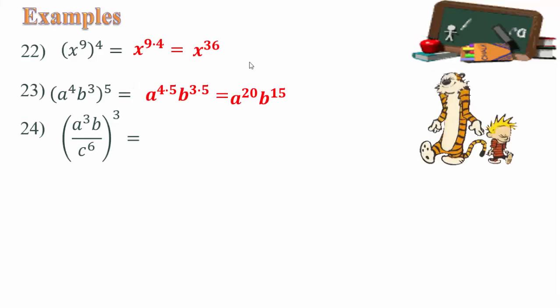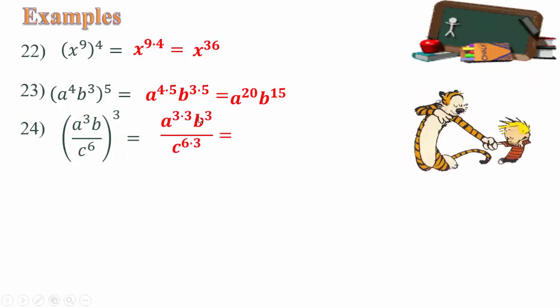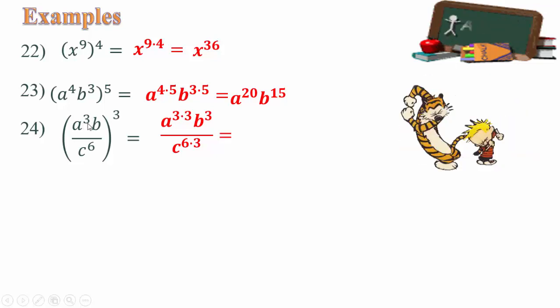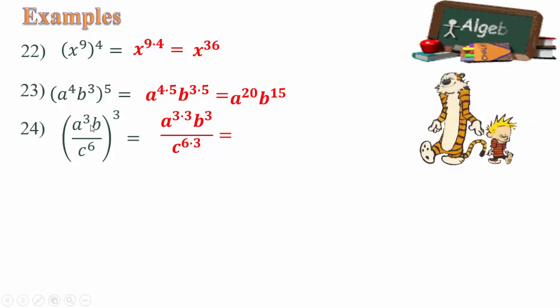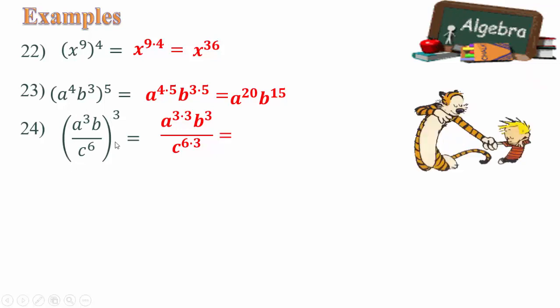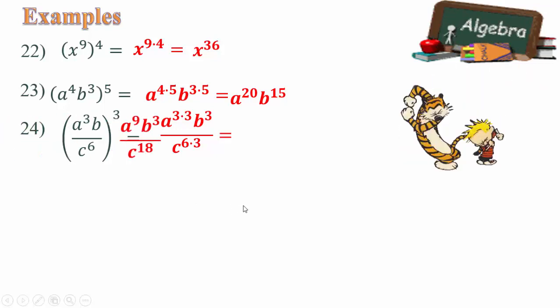In reviewing 24, based on what we did on the whiteboard, here we have, as you see, I brought this 3 inside the brackets into everything, both the a, b, and the c, because all of those are inside the bracket that is brought to the third power.